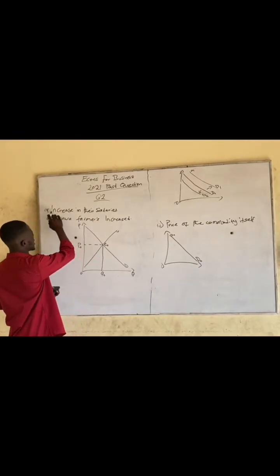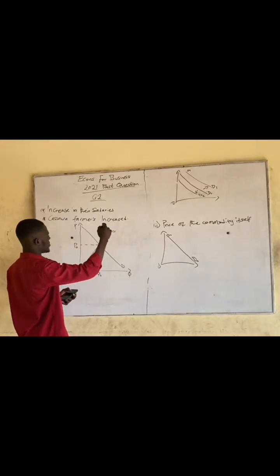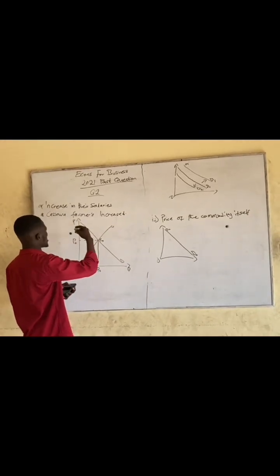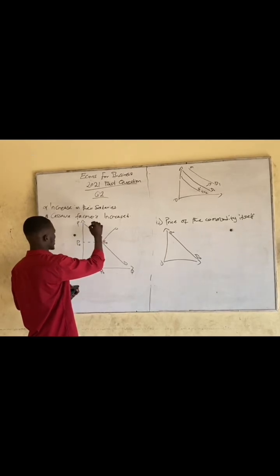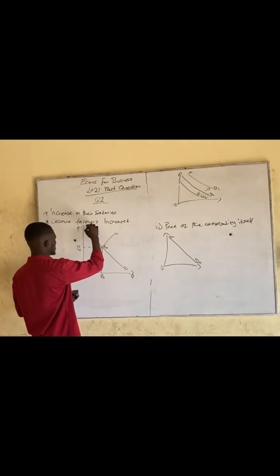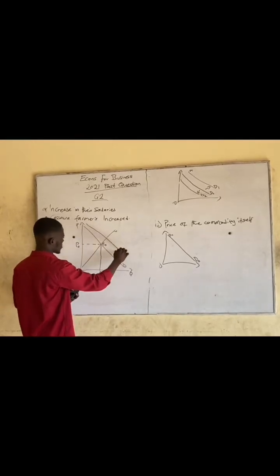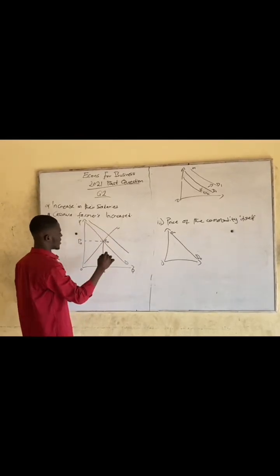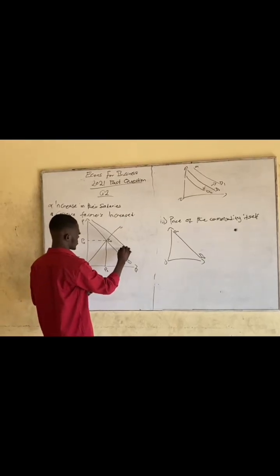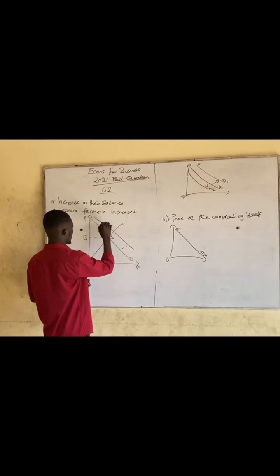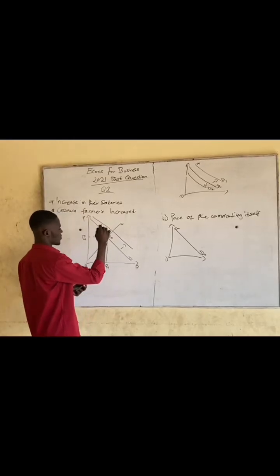So when there was an increase in their salaries, the farmers increased, which resulted in an increase in the cassava producers. So it increased, making the demand curve shift to the right.